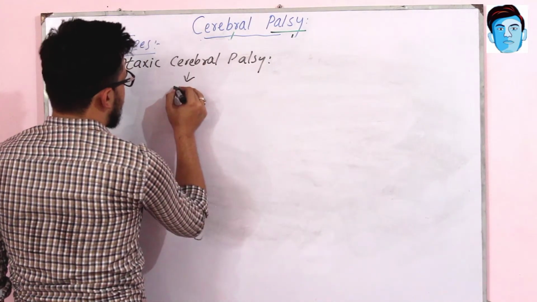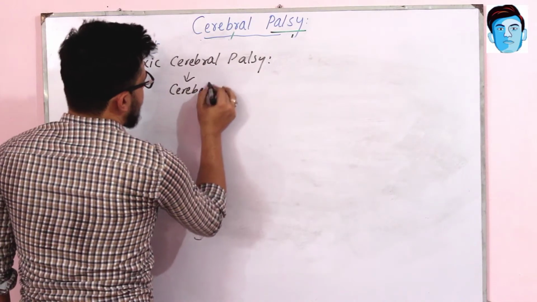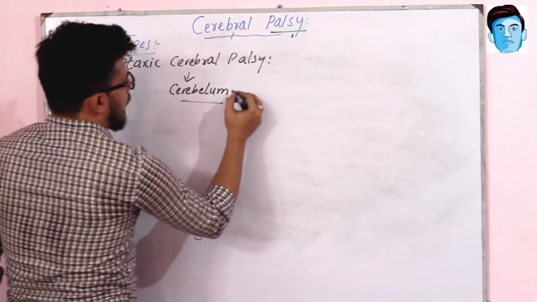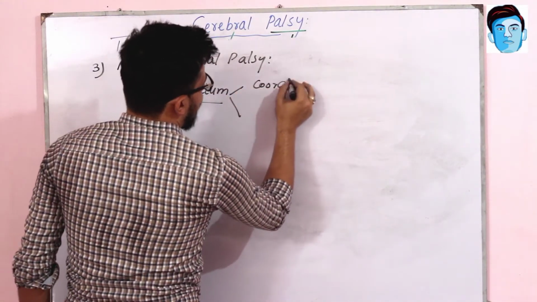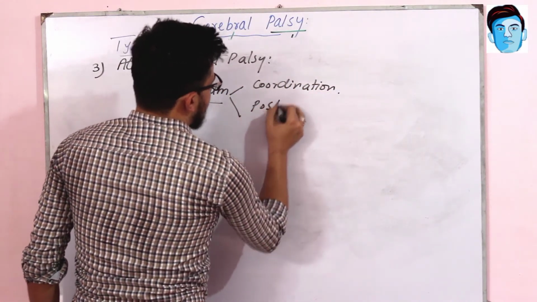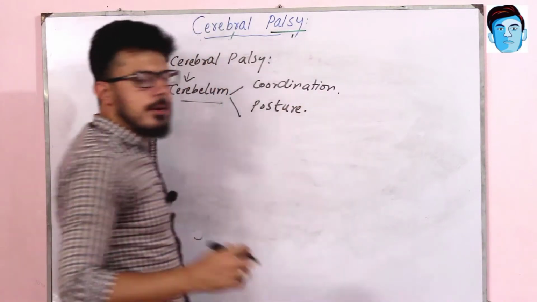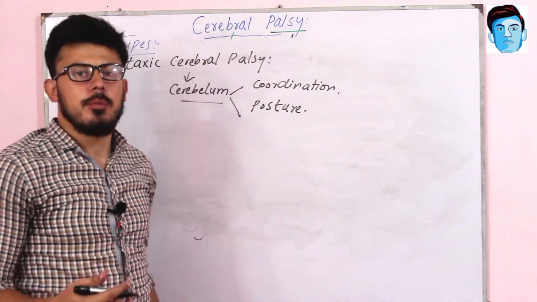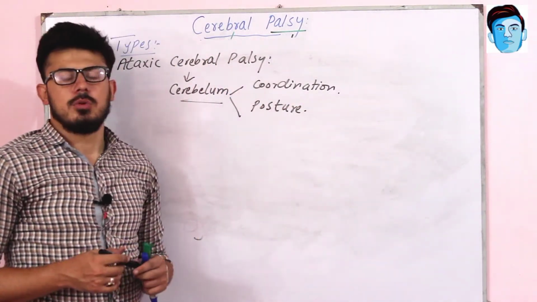And what is the major function of the cerebellum? That is coordination and posture. So if the cerebellum is not working properly, the coordination and posture will be disturbed.